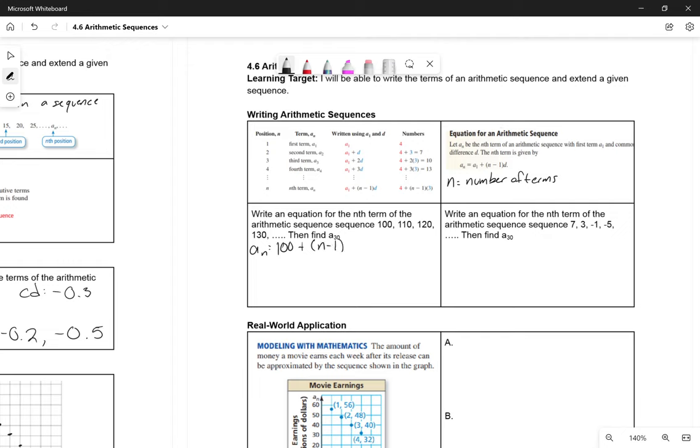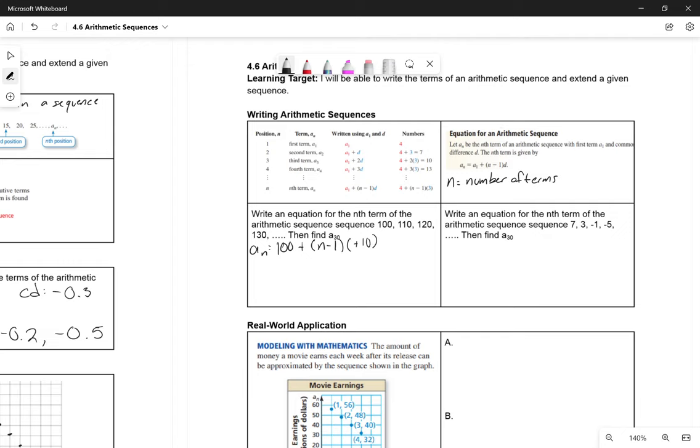That stays consistent until you solve with the number. And n is going to be 30 here in a minute because we're looking for the 30th term in the sequence. And our common difference we can find by seeing if it goes up or down by a certain amount. In this case, we can see that 100 goes to 110, 120, 130, so it is increasing by 10.